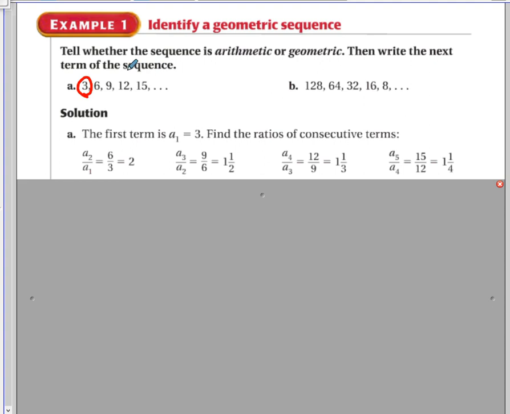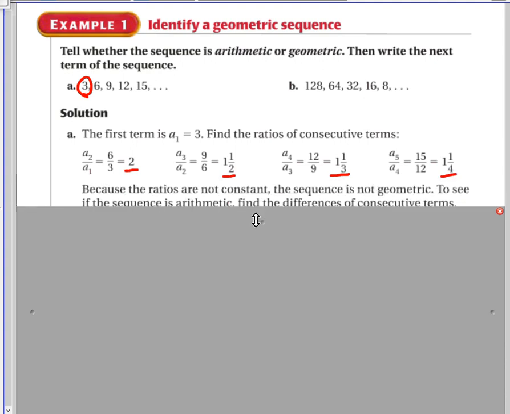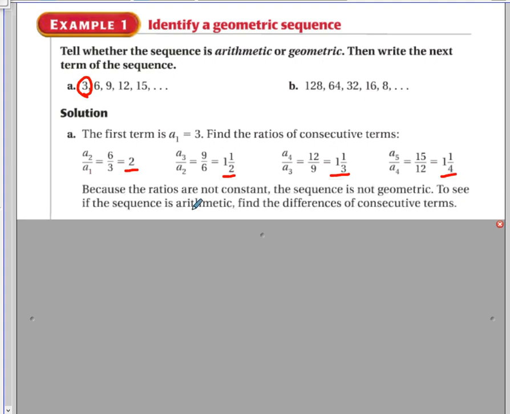And 12 divided by 9 is 1 1/3. So we know this is not a geometric sequence because the ratios are not consistent. This is considered an arithmetic sequence, so I'll put an A next to it so you remember.